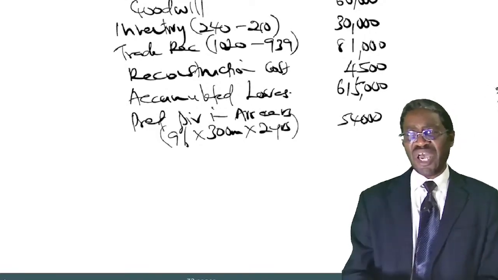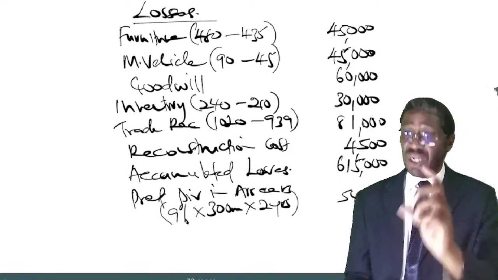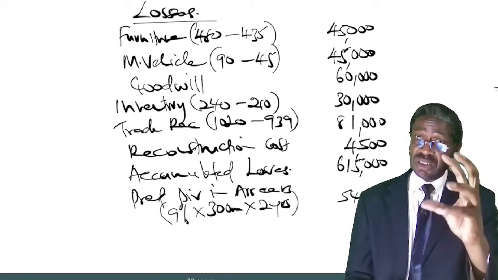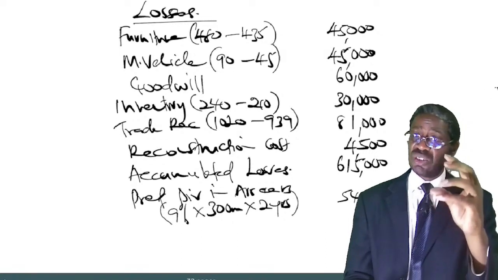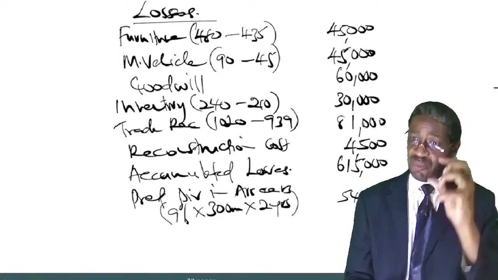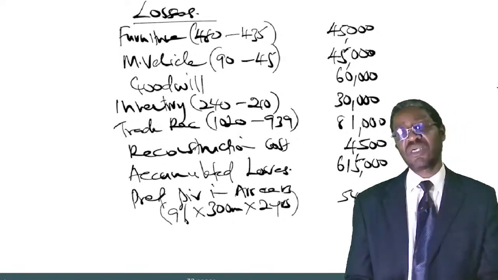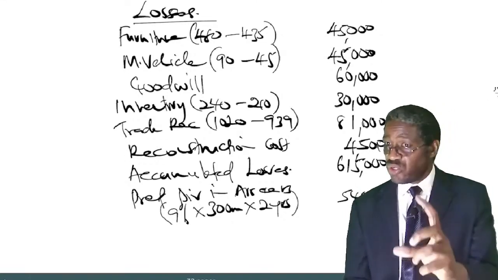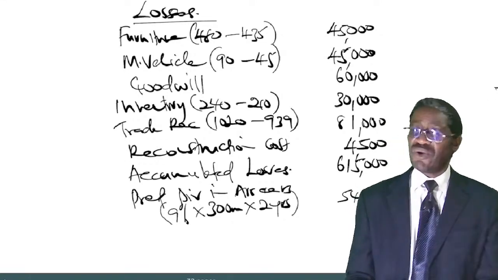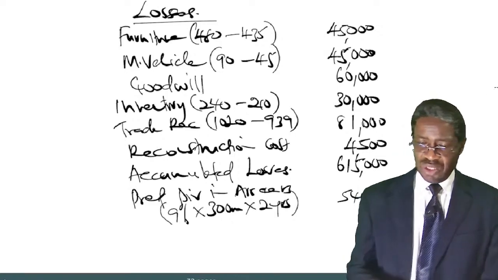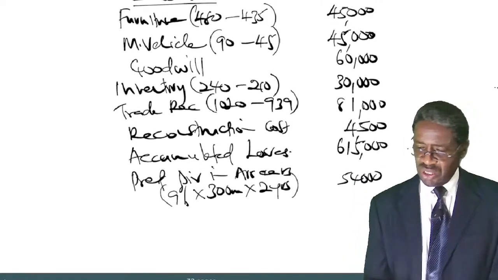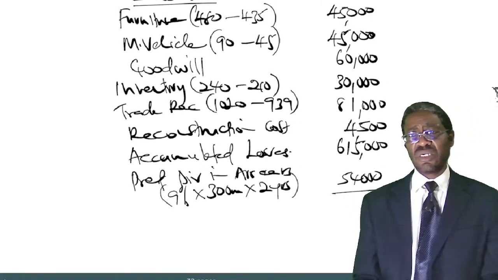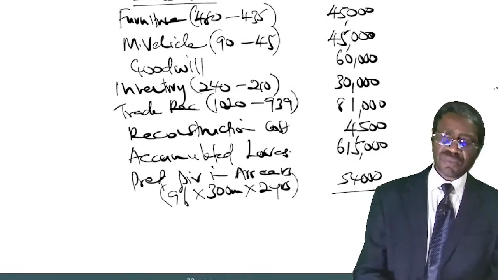Good. So I have identified all the losses. Assets, reconstruction cost, accumulated losses, and preference dividends, which is a contingent liability. I told you from this question, there were no changes in liabilities. So I can now get the totals before I subtract the gains. Let's add these totals.